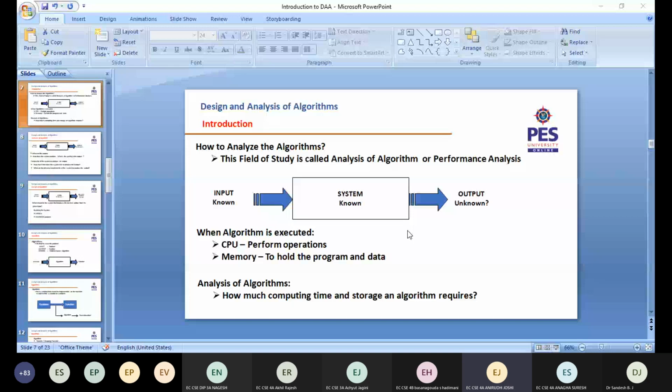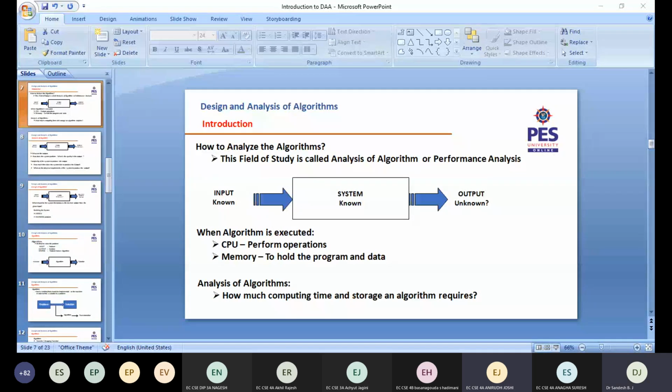Introduction. Now objectives. No, sir, it's stuck at introduction.